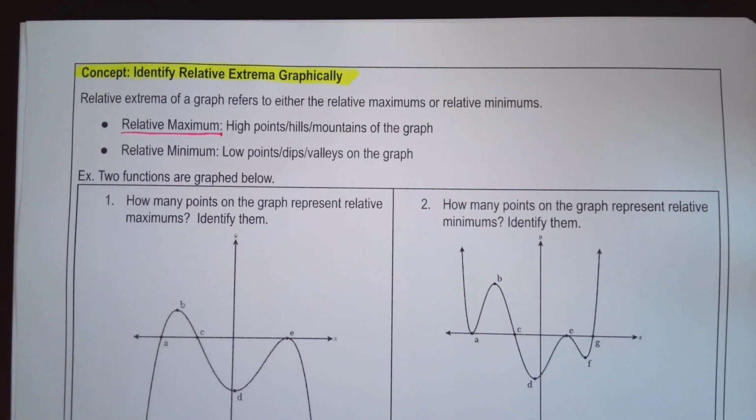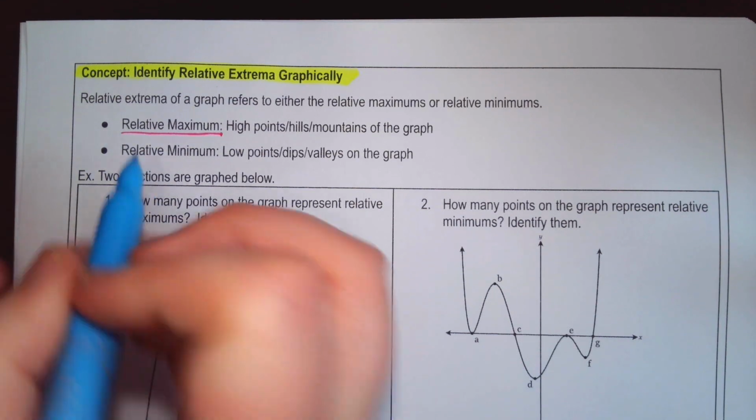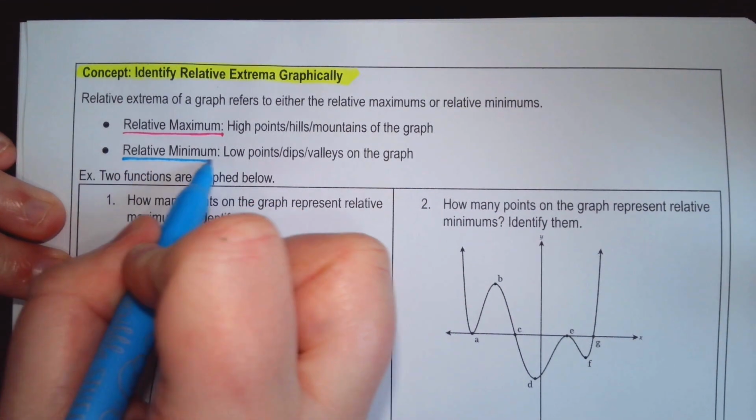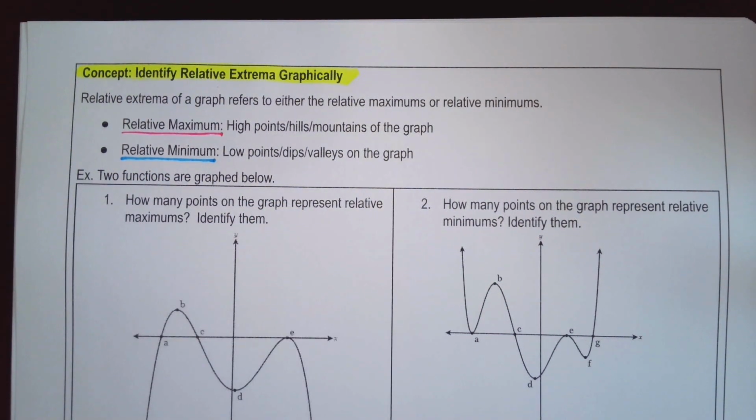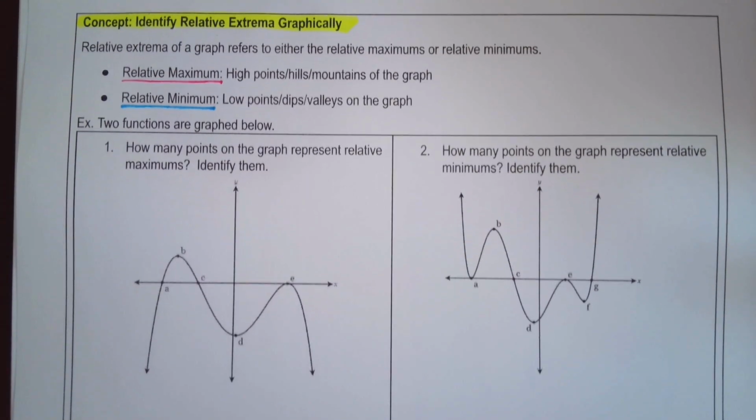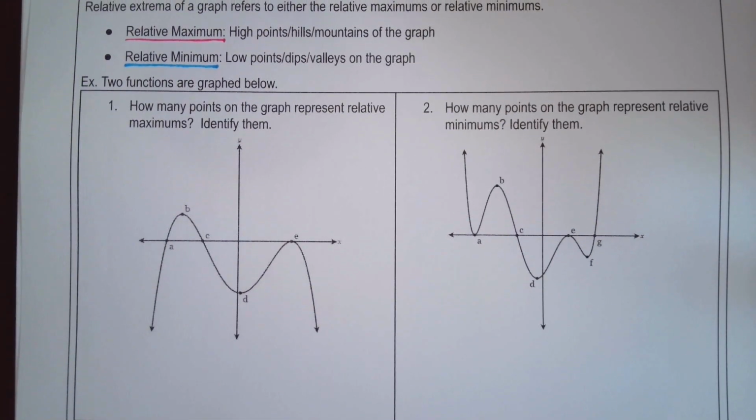However you want to think of it, it is just going to be a high point. A relative minimum, my apologies, is going to be a low point or a dip or valleys on the graph. So as you can see, we have two functions graphed below.